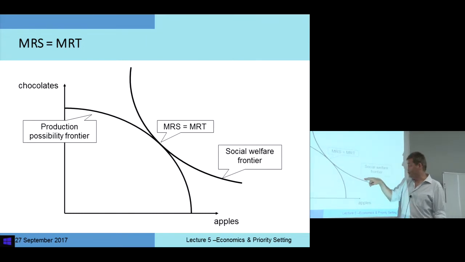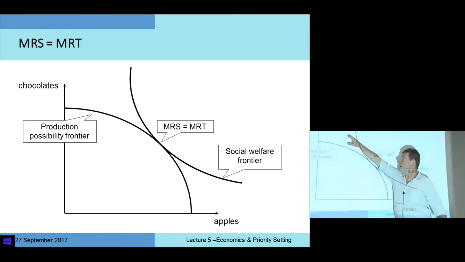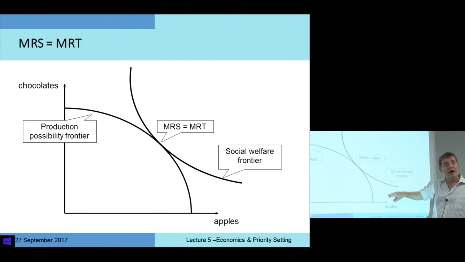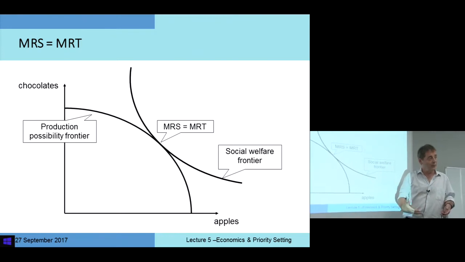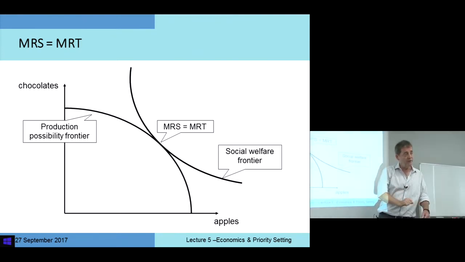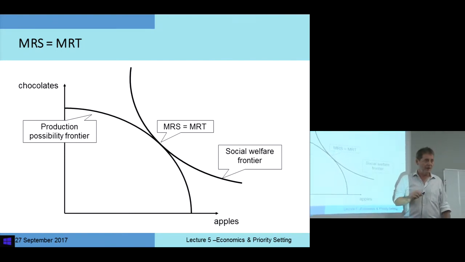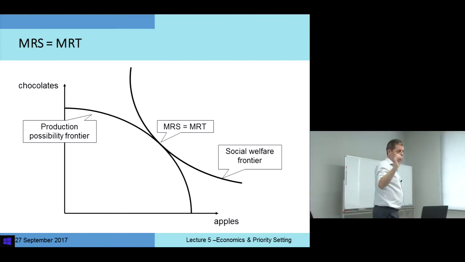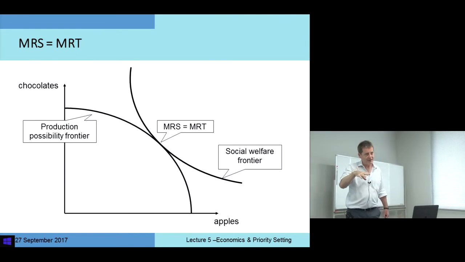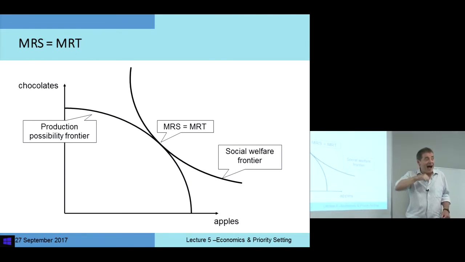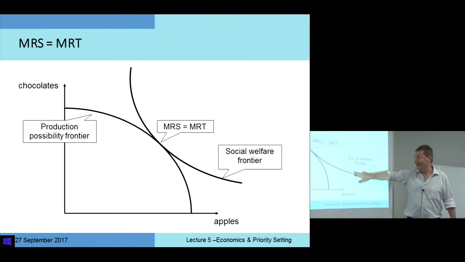And so there's lots of these curves. We can imagine other curves down here, where society is less well off, they're on a lower social welfare frontier, and we can imagine other curves higher up. But the point is, given our technology, given our available resources, the highest social welfare frontier we can get to is this one.